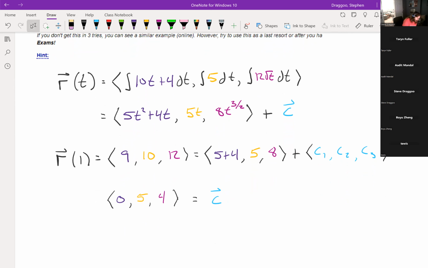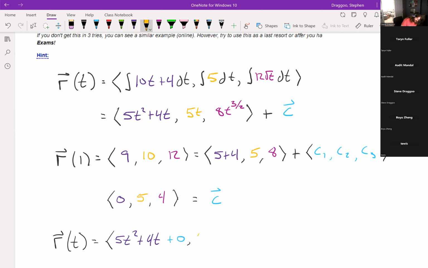So to complete our process, our vector r of t is 5t squared plus 4t plus 0.